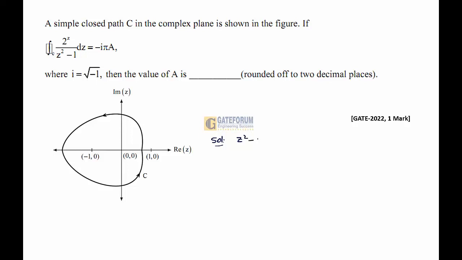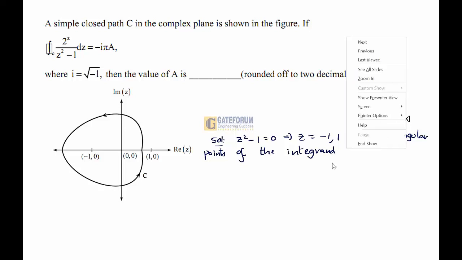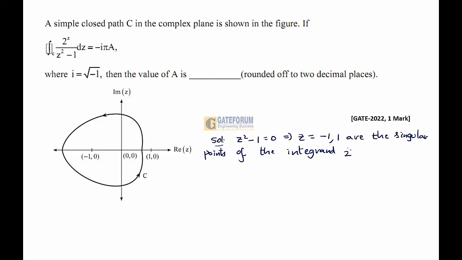Singular points are obtained by equating the denominator of the integrand to 0. z square minus 1 is equal to 0 implies z is equal to minus 1, 1, which are the singular points of the integrand 2 power z by z square minus 1.